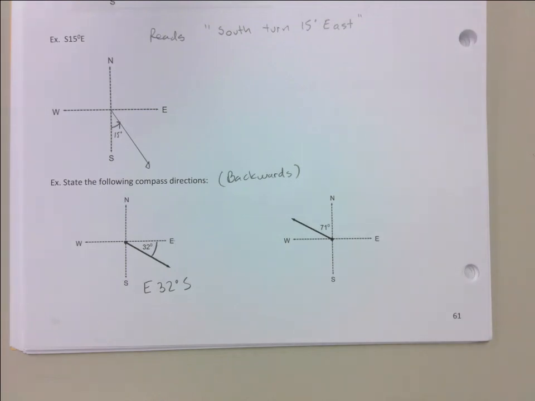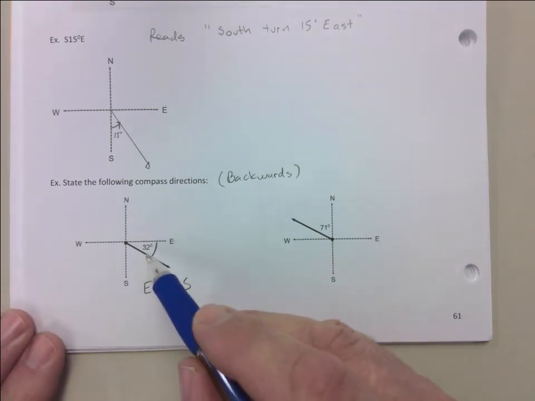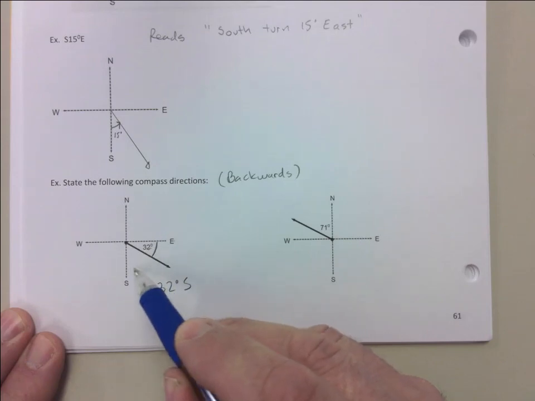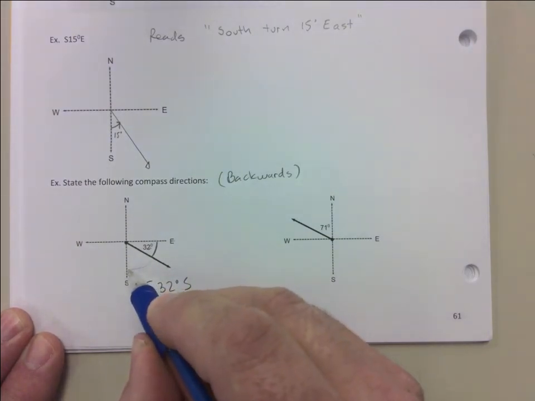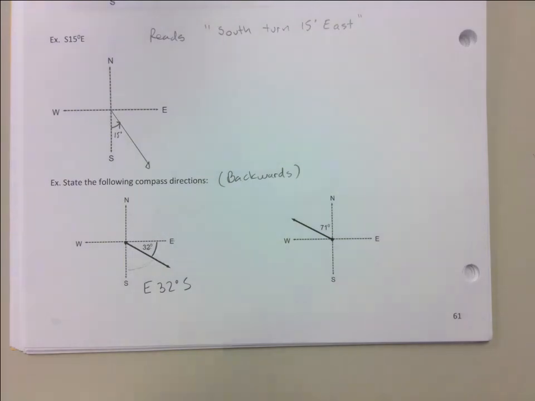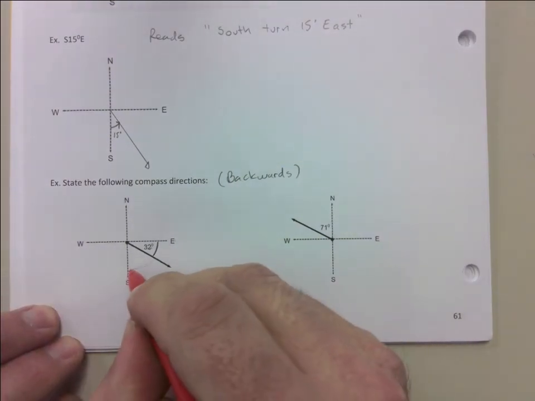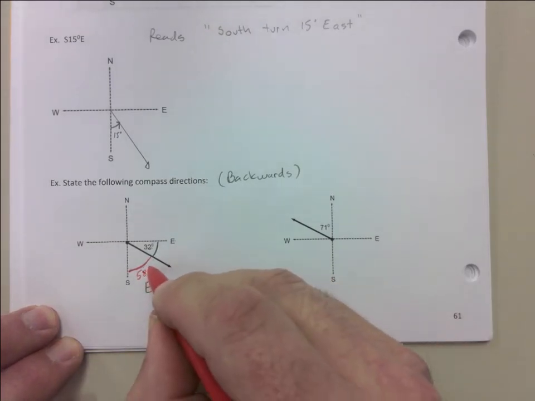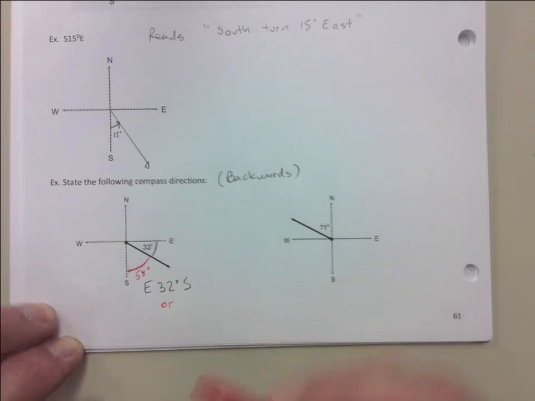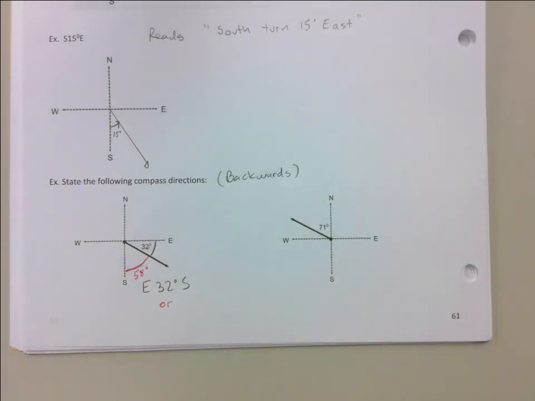Here's a little spin on this. If this is 32, what is this? 58, right? Write that down. I'm going to use a red pen for this. Page 61. So how else could we talk about the exact same direction?